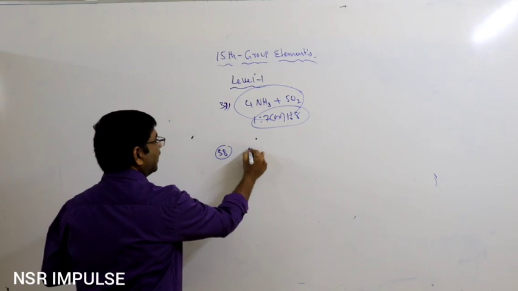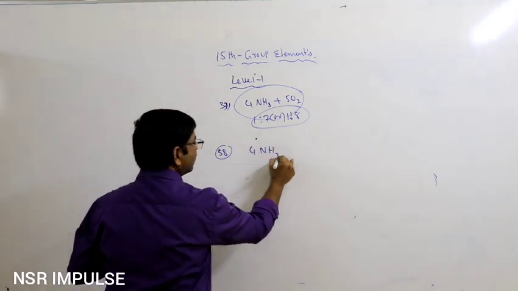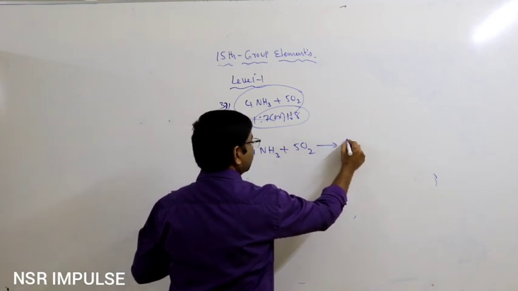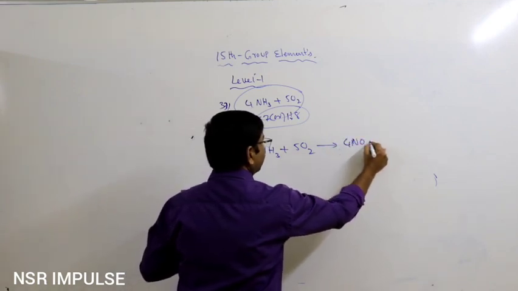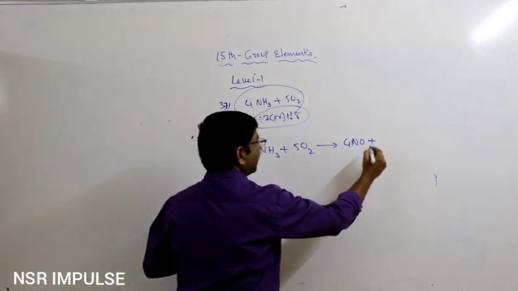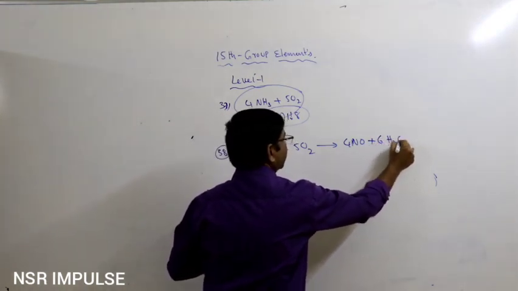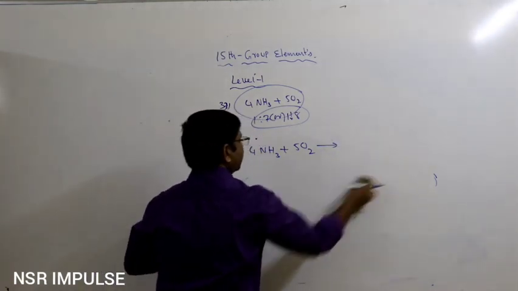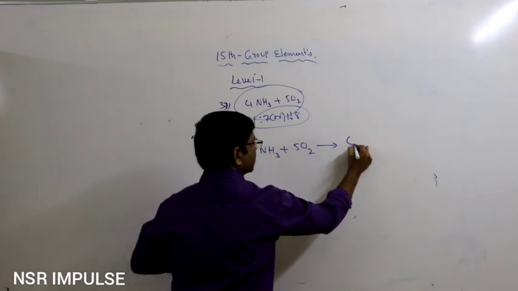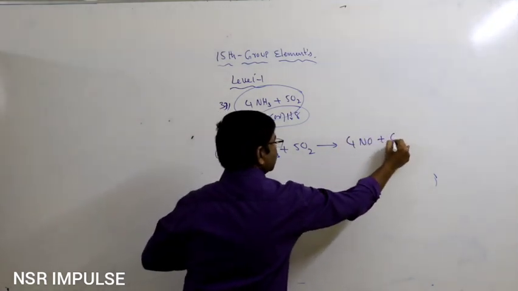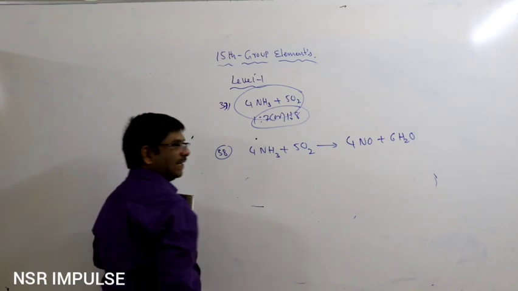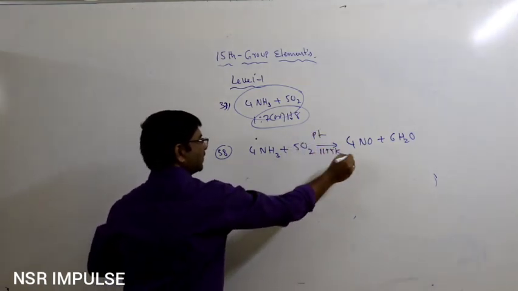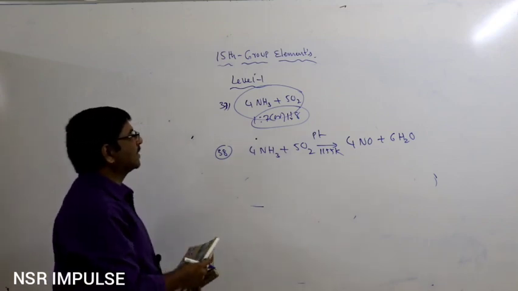You know that by Ostwald's method, 4 moles of ammonia react with 5 moles of oxygen to form NO, and also 6H2O water. Remember the Ostwald's process chemical reaction. It is a balanced chemical reaction, with platinum gauze at 1155 kelvins.